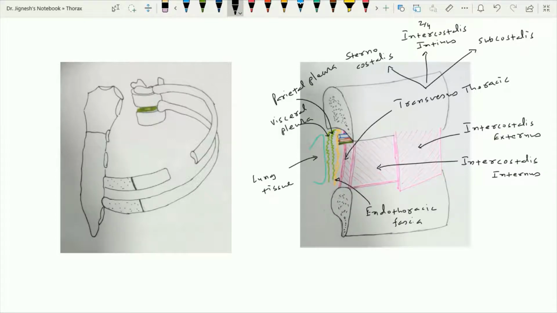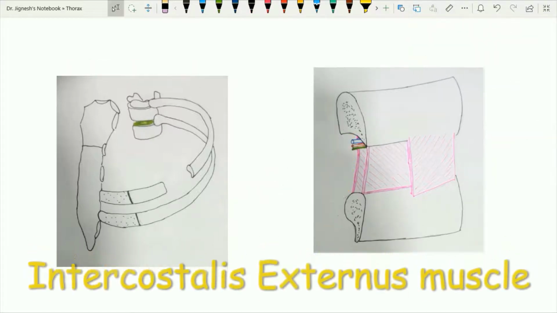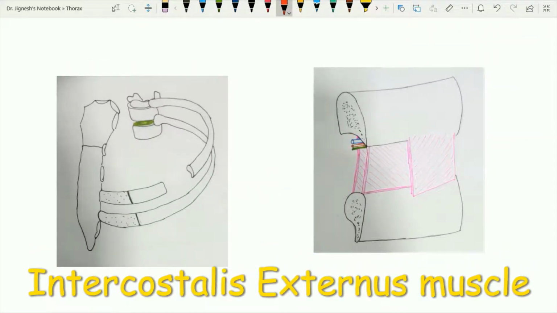Now let's see the intercostal muscles. They are three in number. They are named according to their position from outer side to inner side as the intercostalis externus, intercostalis internus, and transversus thoracis. Let's see the attachments of these muscles. First, the intercostalis externus.